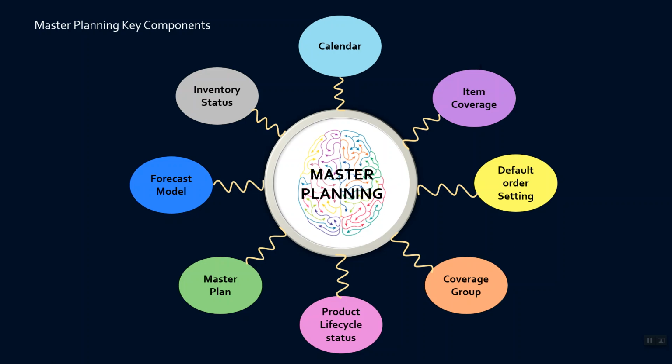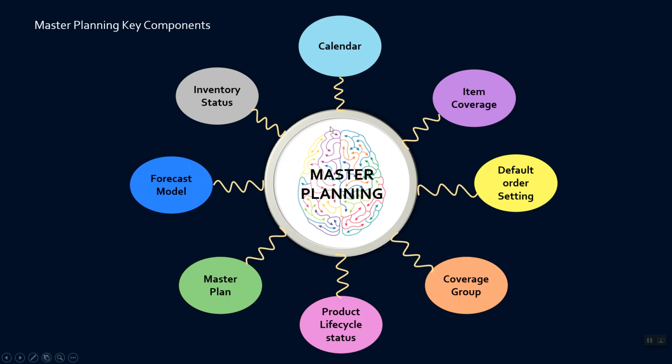Based on these setups only you will get the results of planned orders. Master plan only suggests three types of orders: planned purchase orders, planned production orders, and kanban orders, which is for lean manufacturing.